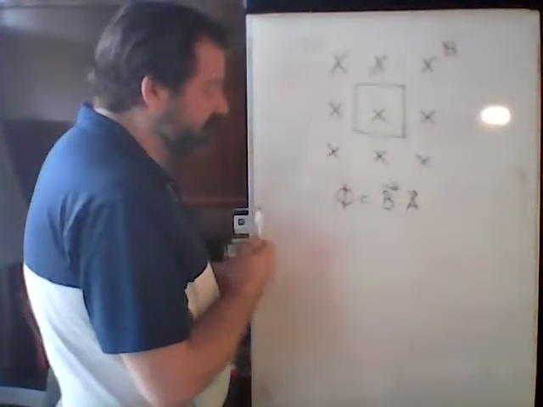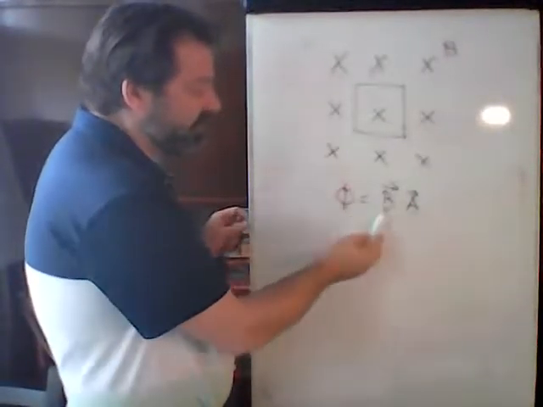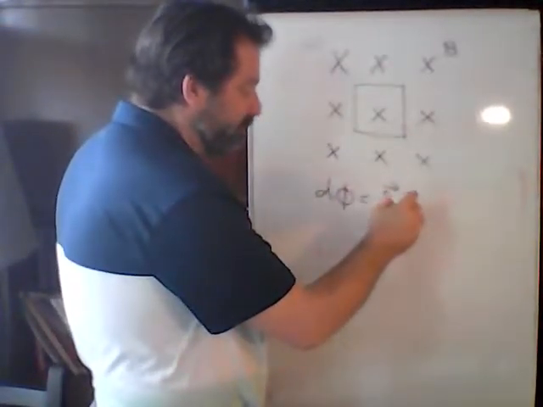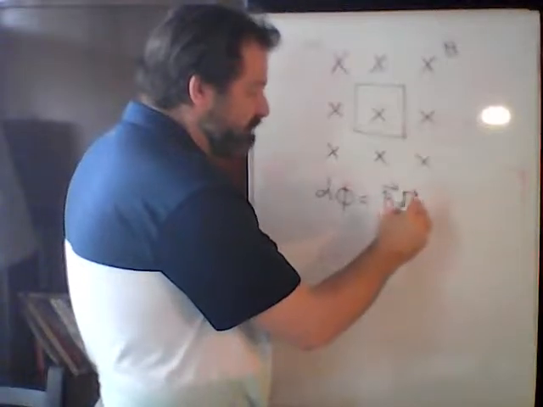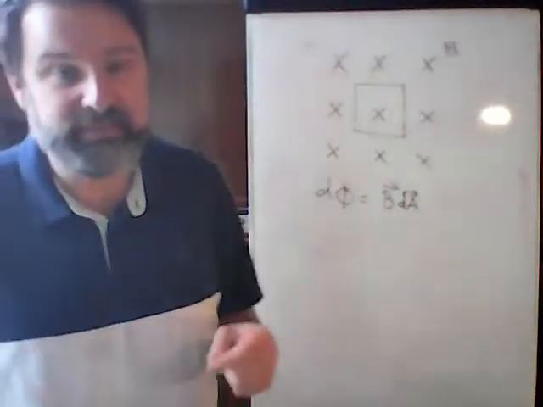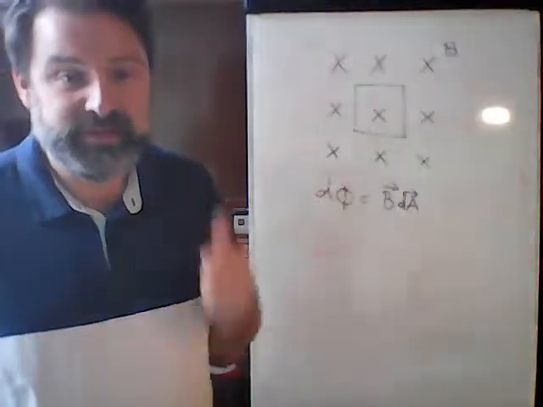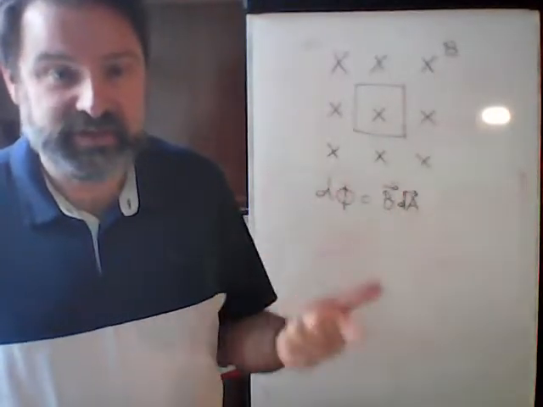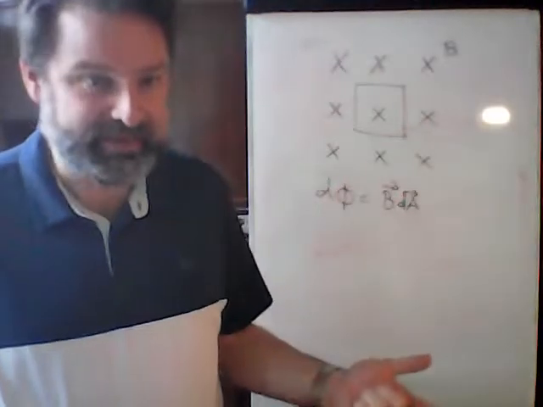Okay, so to be accommodating for that, if we do have a changing magnetic field, we would have to say actually, okay, well then B is a function of where we are, and that dΦ, the amount of flux created by any little piece of area, would be the magnetic field at that point times the differential dA.